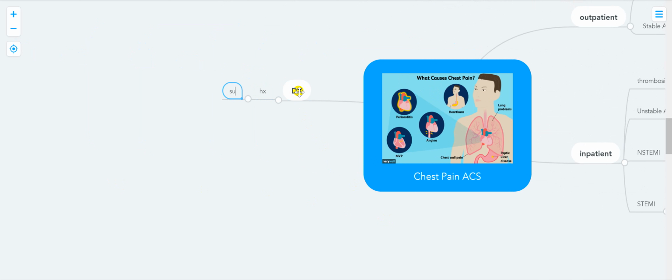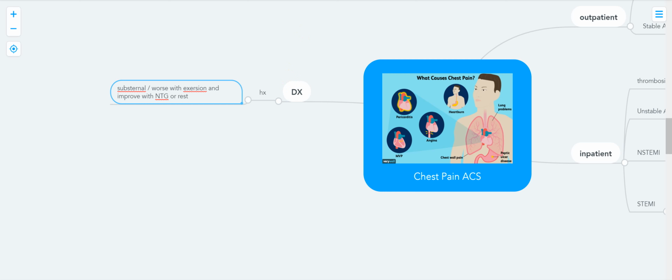What do you think of the presentation? Patients come with substernal chest pain, lasting 15 to 20 minutes, worse with exertion, and improved with nitroglycerin or rest. Perfect.